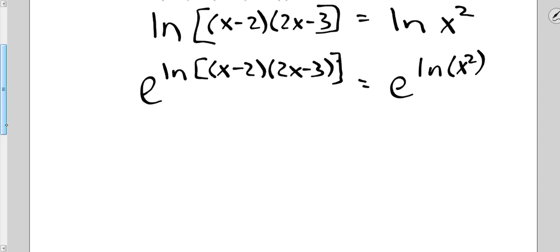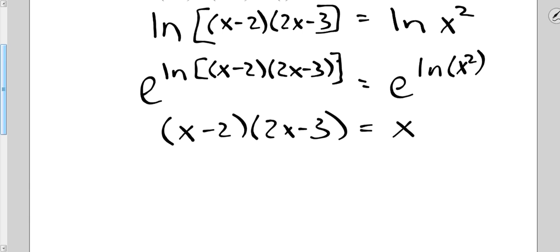So then I know x minus 2 times 2x minus 3 equals x squared. Now what? Distribute, right? So what do I get, Dawson? 2x squared. Stop. Riley, what next?